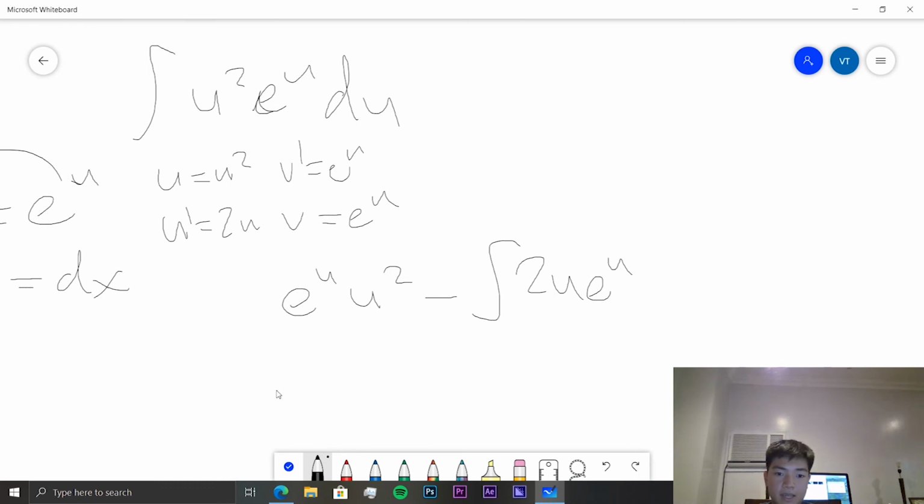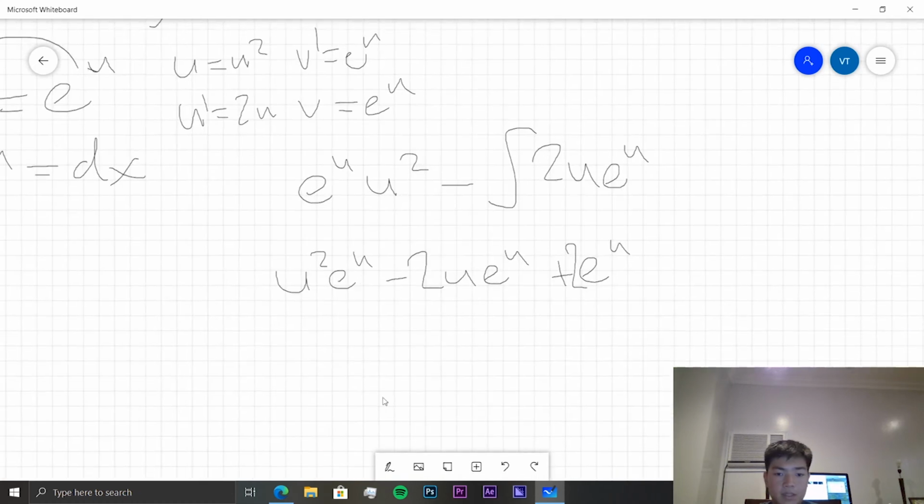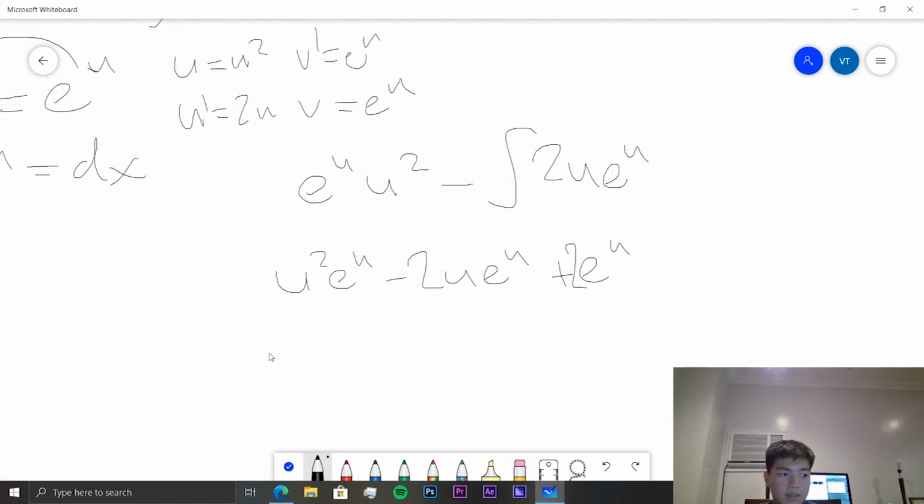So by parts again, we end up with u squared e to the u minus 2u e to the u plus 2e to the u. So this would be equal to x ln squared x minus 2x ln x plus 2x.